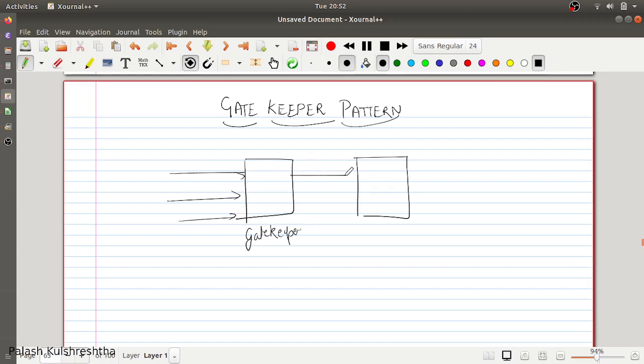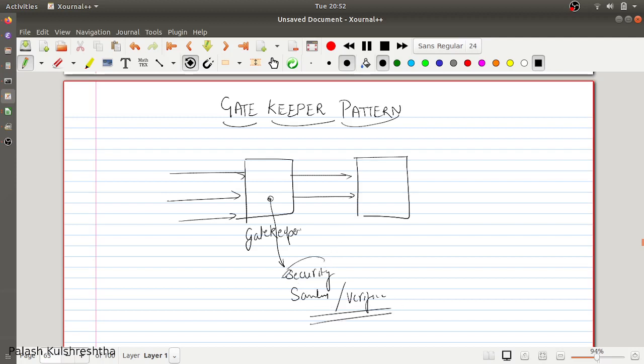This way your service is not directly exposed on the internet or to your users, and this gatekeeper service is going to provide a layer of security. We are going to understand how this provides security. It provides a layer of sanity and verification.